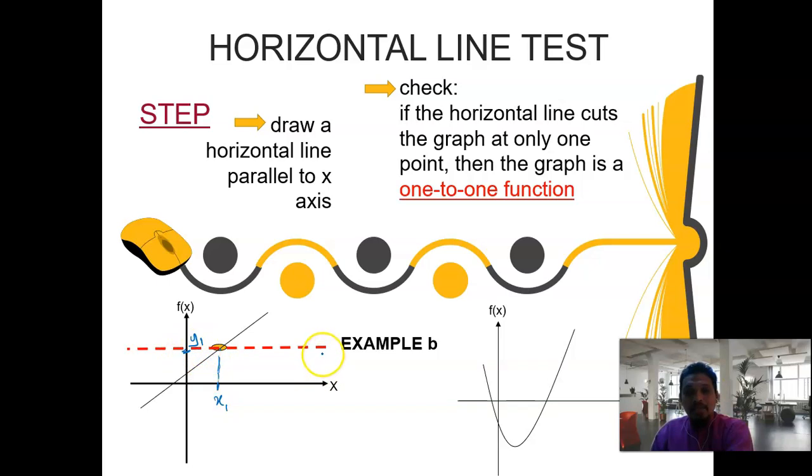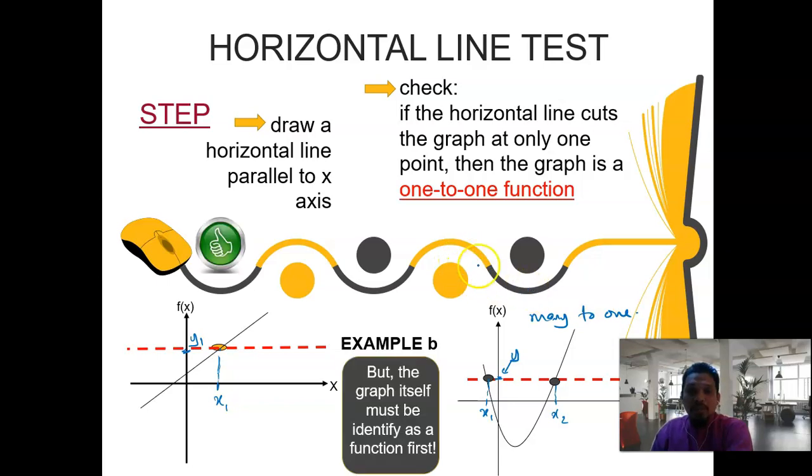Then the graph is a one-to-one function. But then look at this one here now. When we have x1 and x2, there is one value of y. So this is many-to-one. It's not a one-to-one function. Okay, the graph itself must be identified as a function first.